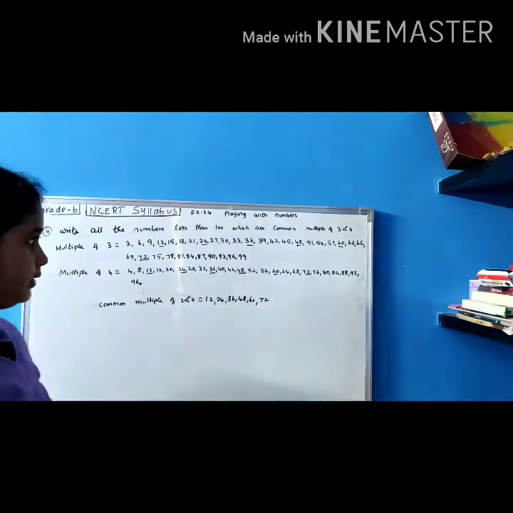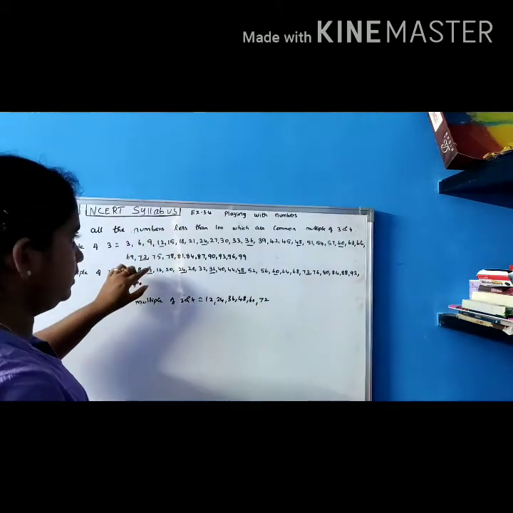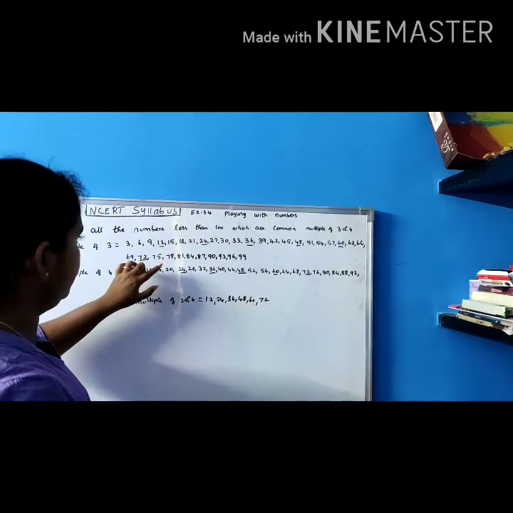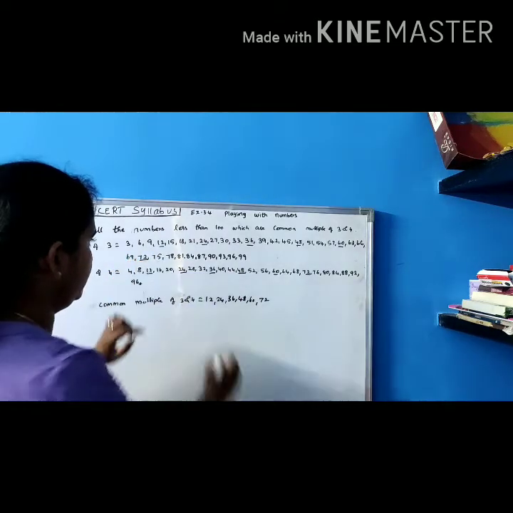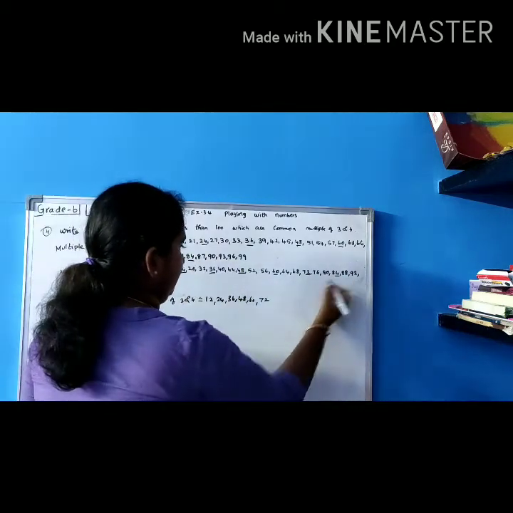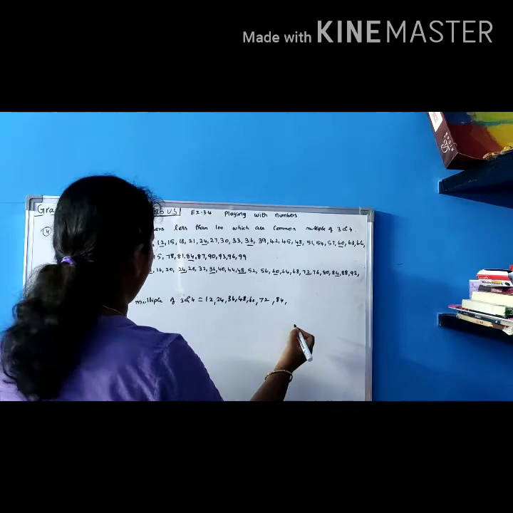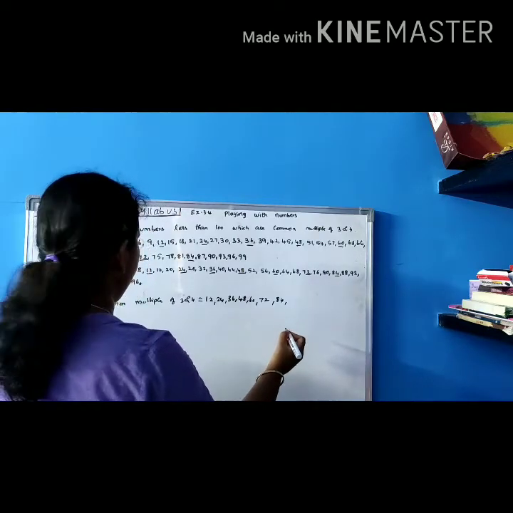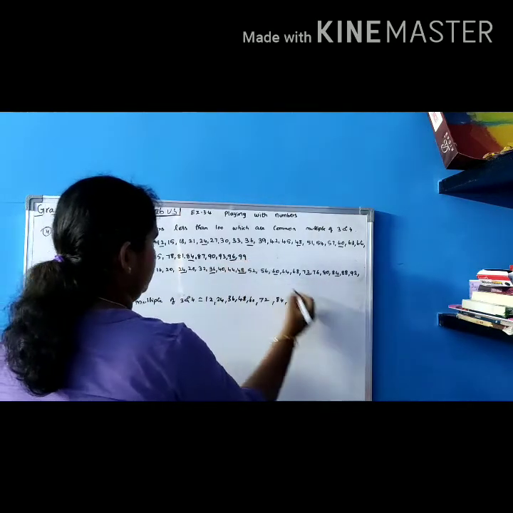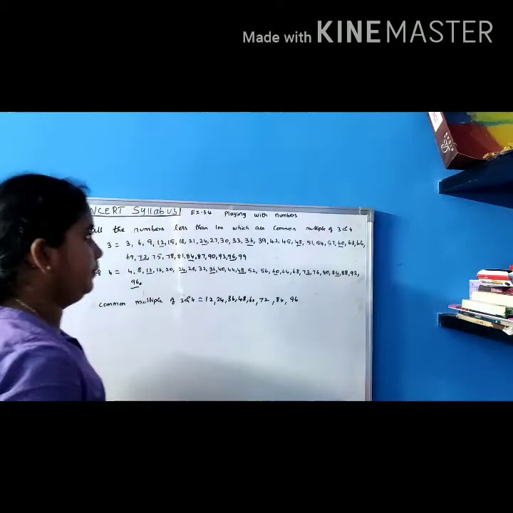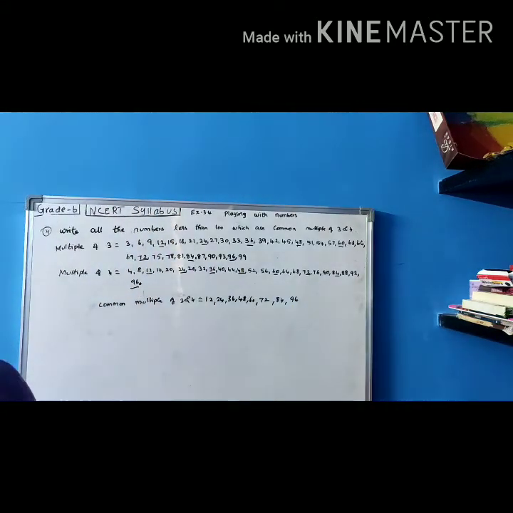Did you understand? Okay. Next, 76, 75, no. 80, 84 is there. 87, no. 90, no. 93, no. 96 is there. So these are the common multiples of 3 and 4, less than 100.